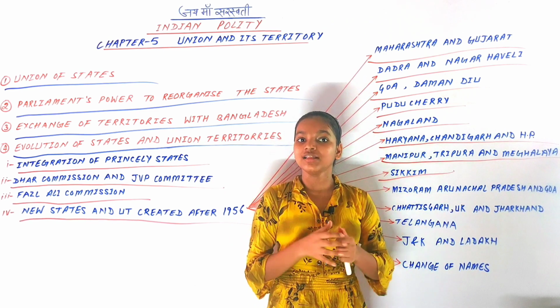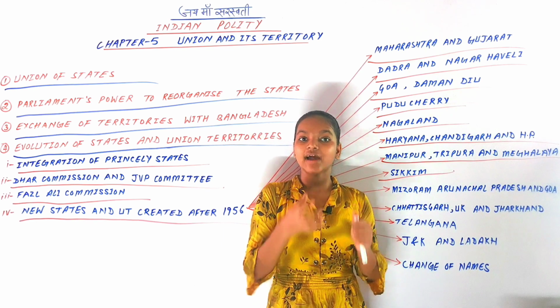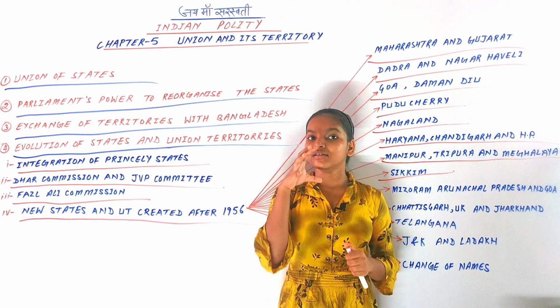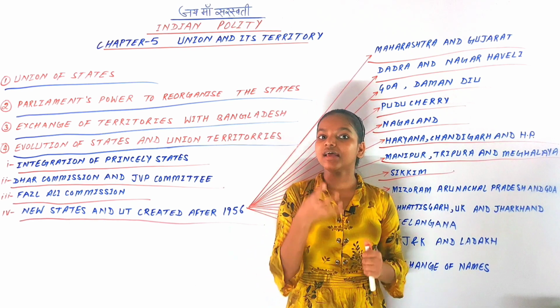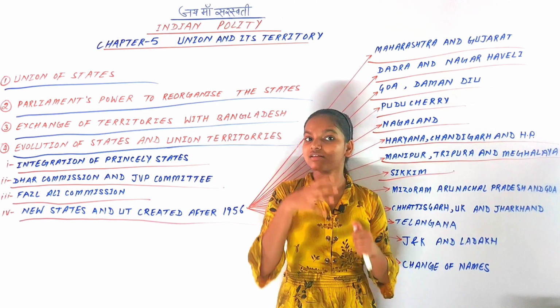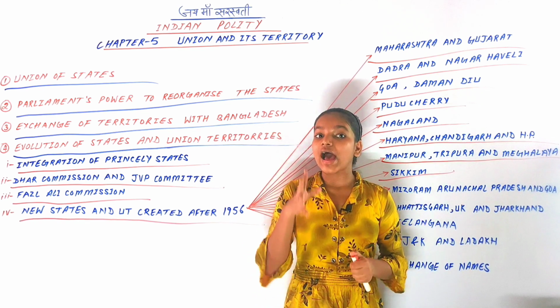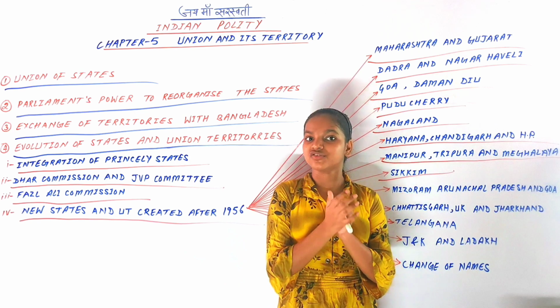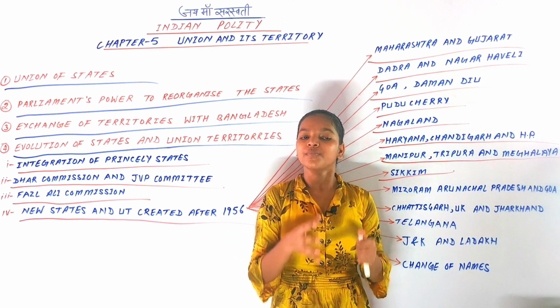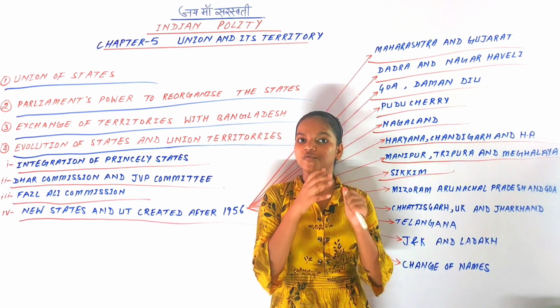So the 35th Constitutional Amendment Act was introduced in 1974, and Sikkim was made an associate state of India. But that did not satisfy the people of Sikkim, and they wanted the complete removal of the Chogyal. They wanted to become an integral part of India.